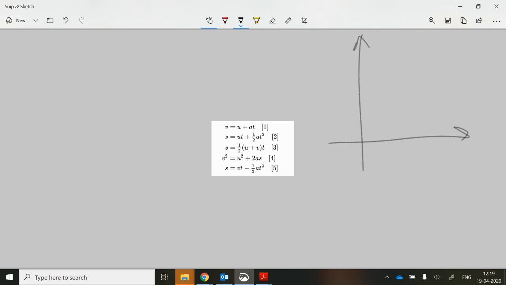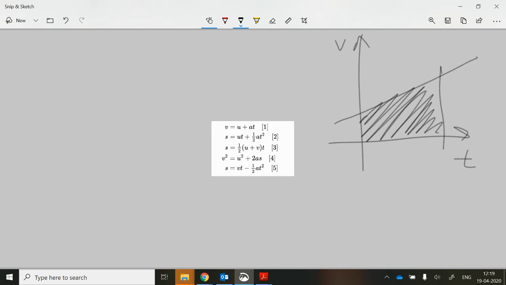In other words, if we were going to do a v-t graph, your graph would look something like this. And I don't know if you remember, but underneath a velocity-time graph is your displacement, because velocity times time gives you your displacement.